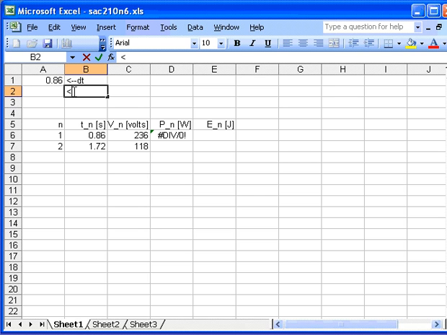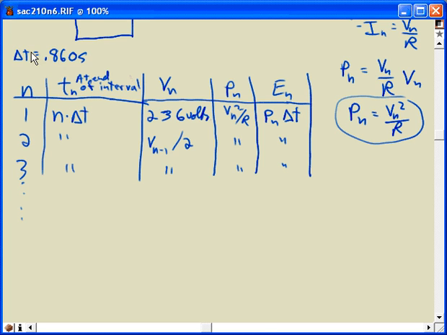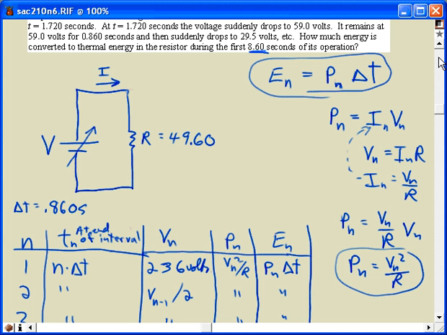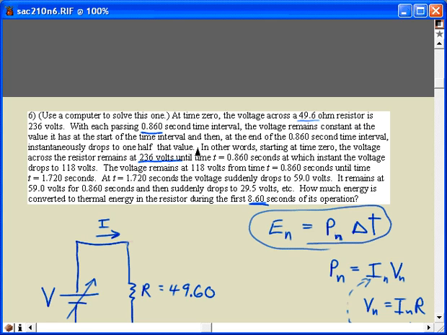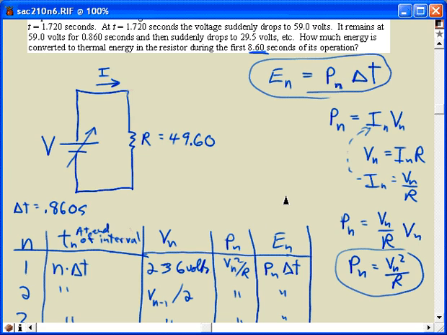Use absolute addressing. Really only need one, but put 2 in there. It's overkill. So I'm going to put the value of R in there, the value of the resistance of the resistor in ohms. And it's given as 49.6 ohms. I think I was trying to write the units in there, and I wrote a 0 instead of the symbol for ohms.